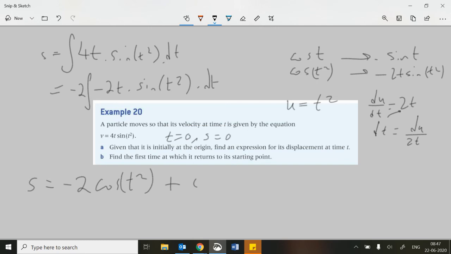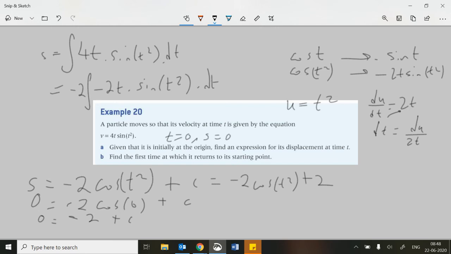If we put in s is equal to 0, we've got -2 cos of 0 squared, cos of 0 plus c. And of course, cos of 0 is 1, so -2 there. So c is equal to 2. So our s here is in fact -2 cos t squared plus 2. That's our formula for s.